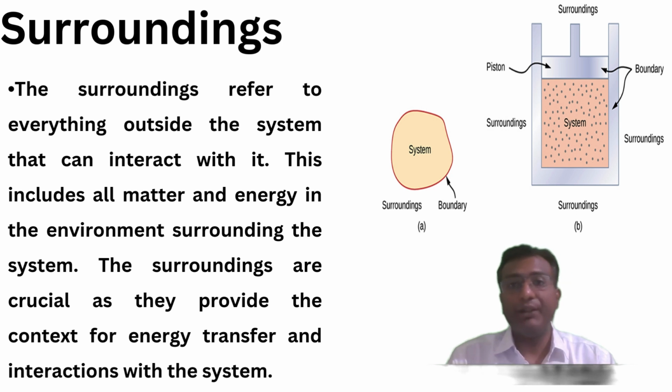For example, in an engine, the surroundings consist of the air that enters the engine for combustion, the fuel that is injected into the cylinder, the exhaust gases that leave the system after combustion, and the coolant system that transfers heat away from the engine. These interactions between the system and surroundings determine the type of thermodynamic process which is taking place.